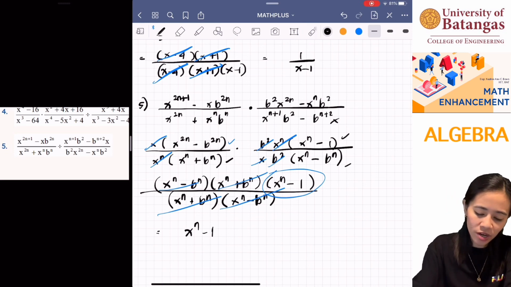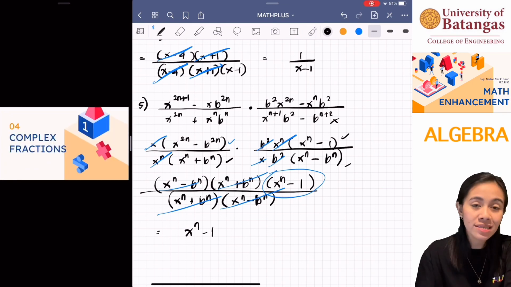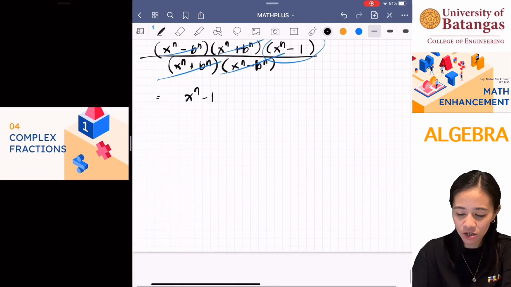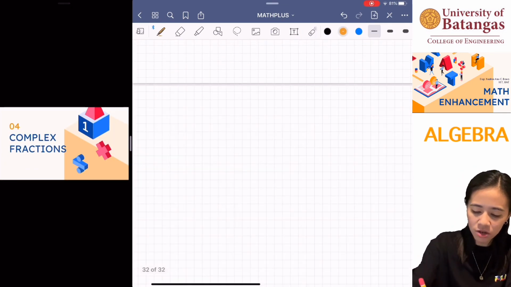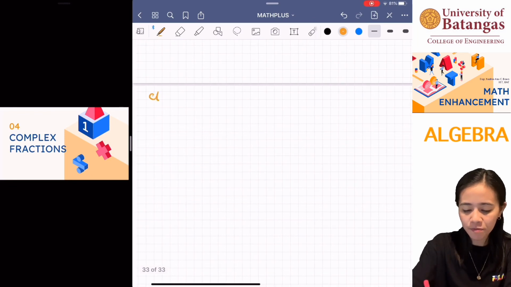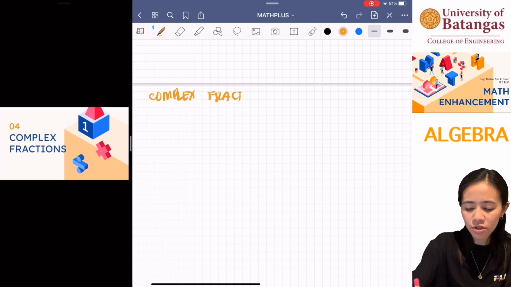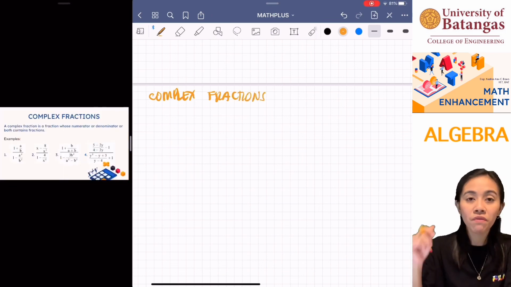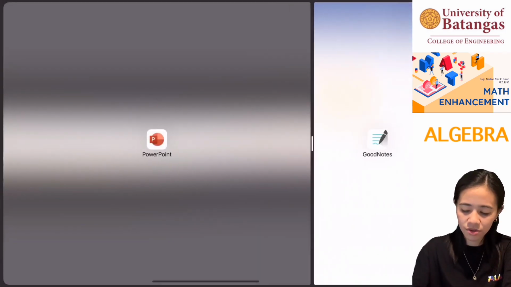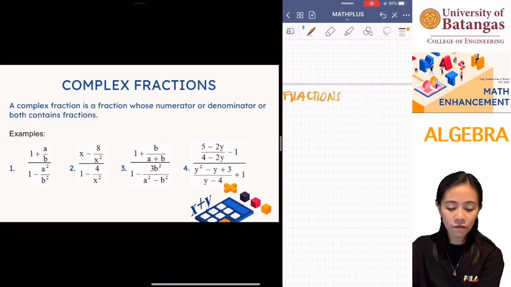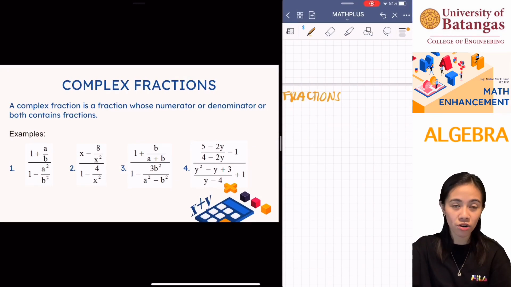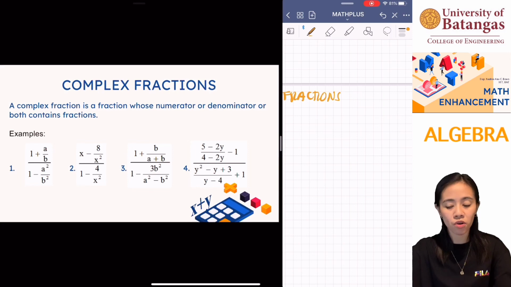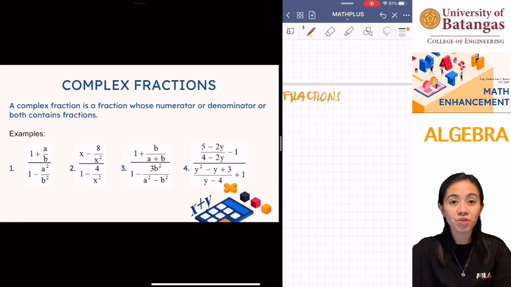Okay? So, we're down to the last topic, which is complex fractions. So, ano ba yung complex fractions? Naalala ninyo pa ba siya? So, with complex fractions, fractions are considered complex if you have a fraction within a fraction. A complex fraction is a fraction whose numerator or denominator, maaaring sa numerator or denominator, o kaya silang pareho, contains fractions.